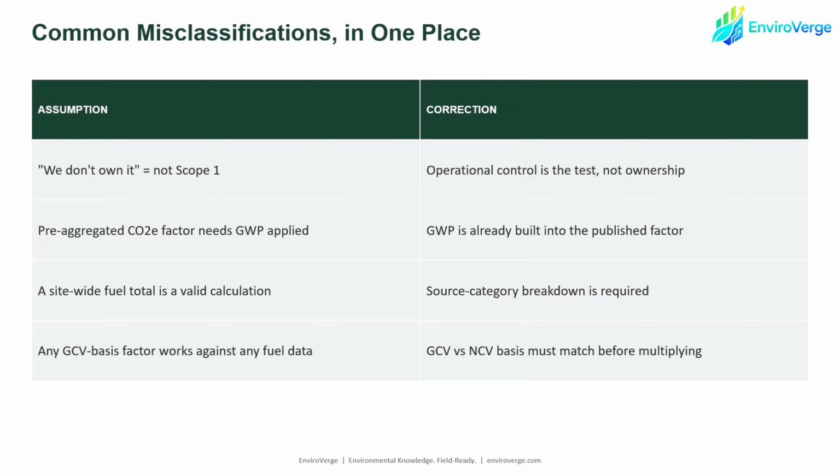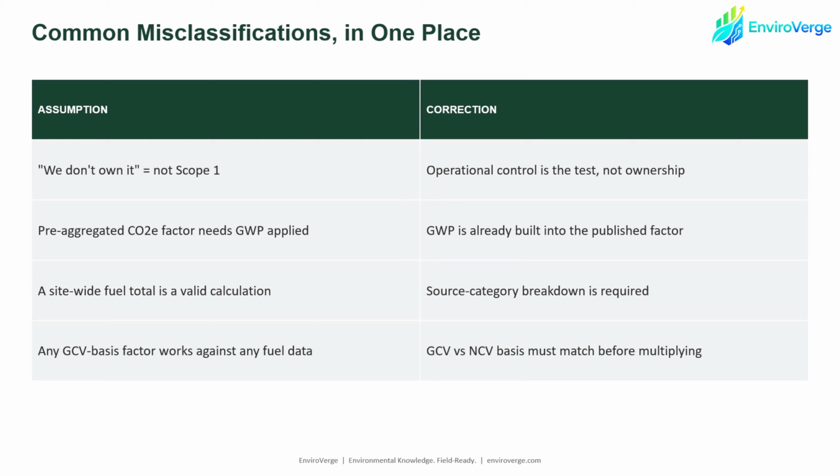Don't add it again. Third, I've got a site-wide fuel total. That's my Scope 1 number. Wrong. A site-wide total is not a calculation. You need source category breakdown, stationary, mobile, fugitive, before you multiply anything. Fourth, I'm using a government conversion factor table.